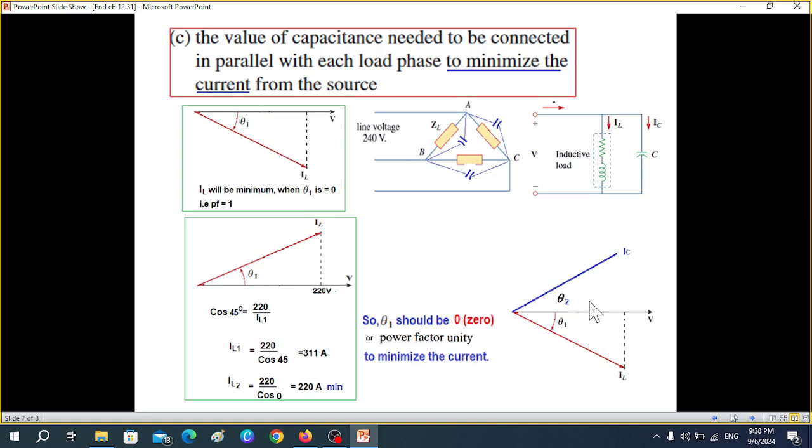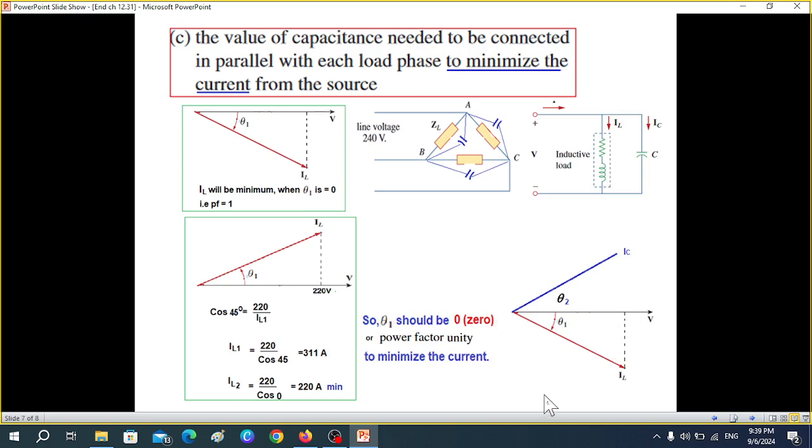Okay, now what does the capacitance do? When we connect it in parallel, the inductor is pulling the current down, current is lagging, and the capacitor is pulling the current up, that is, current is leading. And if these two angles are equal, then we'll have 0 angle for the current.